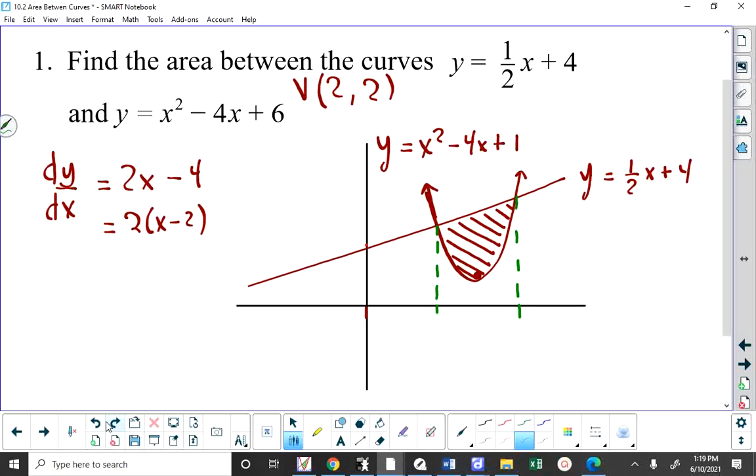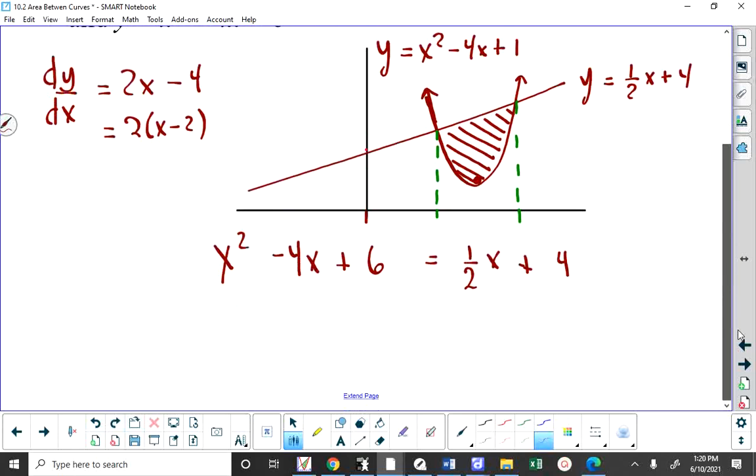So what we're going to have to do is find out where those two functions intersect, and that means we are going to solve this equation. X squared minus 4x plus 6 equals 1/2 x plus 4. They intersect where their two y coordinates are equal.